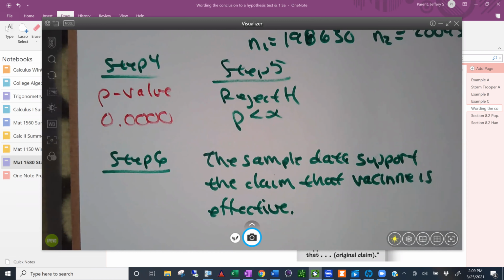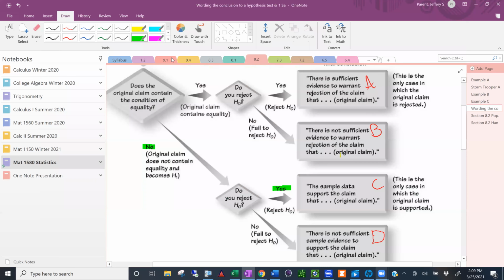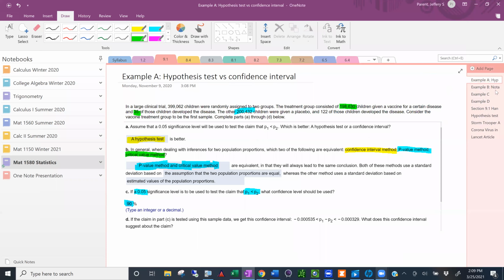I got a couple votes for yes. Any comments or thoughts before I move on to the next one? Okay. Let's take a look at the next one.